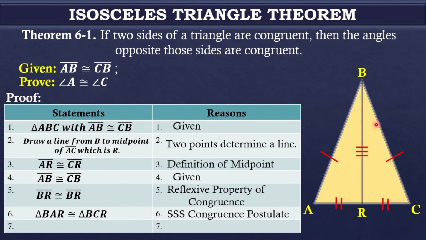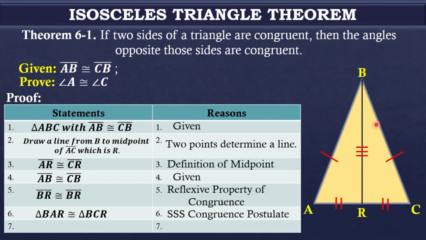Di ba kapag na-prove natin o kaya naipakita natin na yung dalawang triangles natin ay congruent, ibig sabihin all of their corresponding parts are congruent. Tama? So, yun ang tatandaan. Once na ma-prove mo na yung dalawang triangles mo ay congruent by any postulate or theorem, okay, na-prove mo na siya by SSS, ASA, lahat ng yon pwede mong gamitin, automatic, their corresponding parts are also congruent.